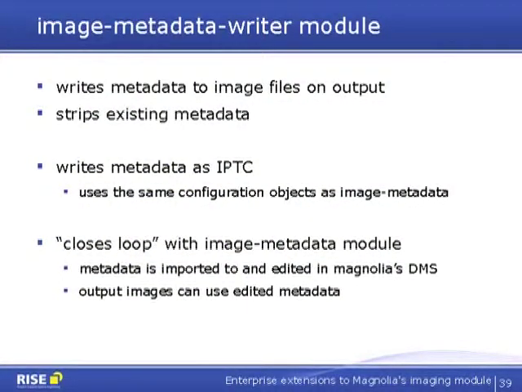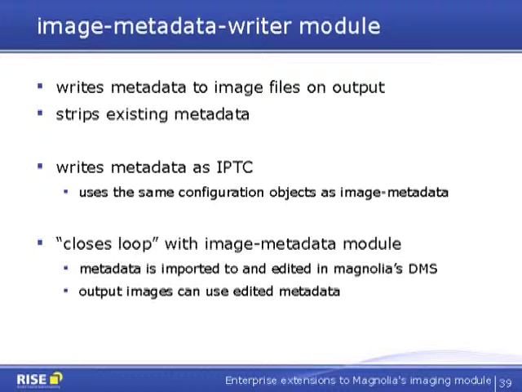So this metadata writer module is basically the counterpart to the metadata module. The metadata writer module writes image metadata that it reads out of Magnolia's JCR database into the image files themselves.